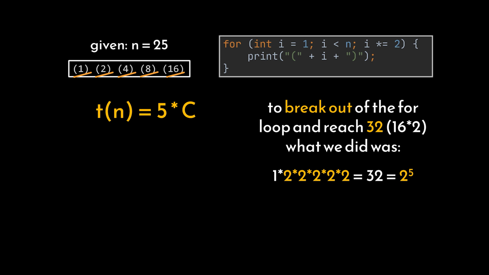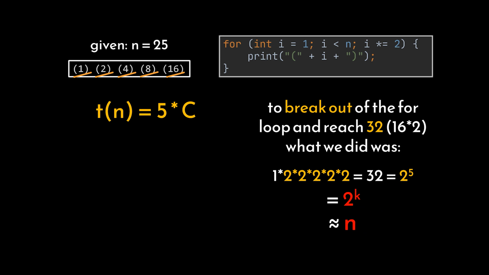So, to break out of the loop, we executed 1 times 2 times 2 5 times, and that's 2 to the power 5. To generalize this result, we can write it as 2 to the power k, meaning we had to do k iterations to break out of this loop given an integer n. But what is the worst case? What is the maximum value that 2 to the power k can reach?